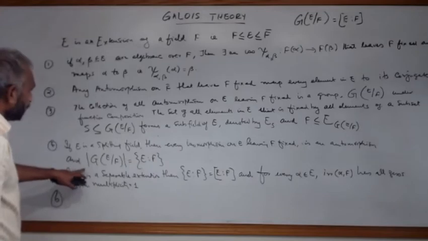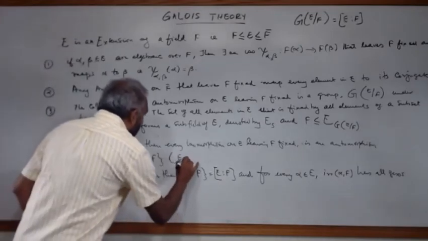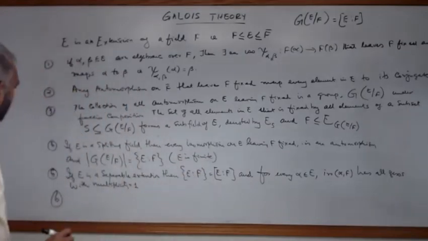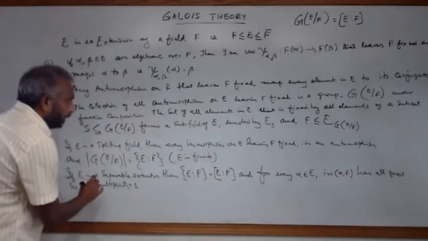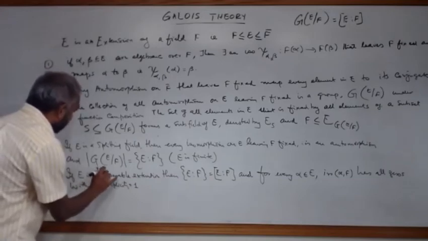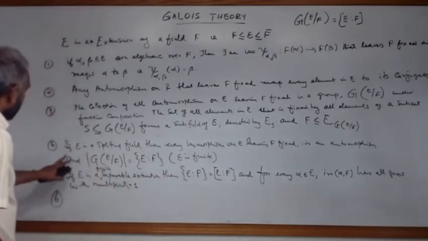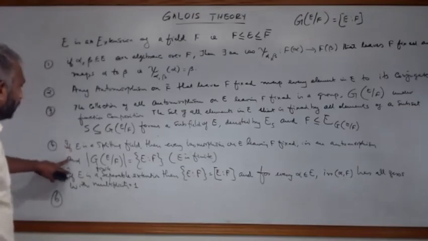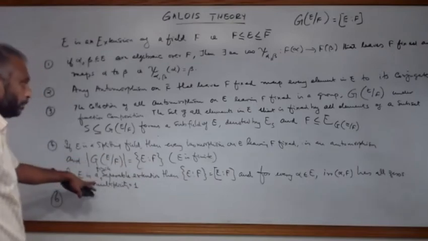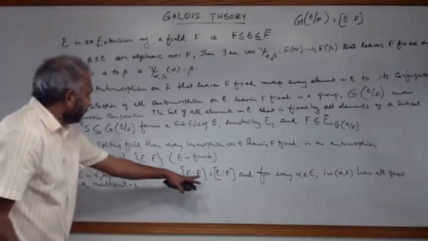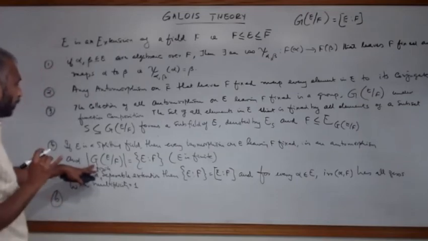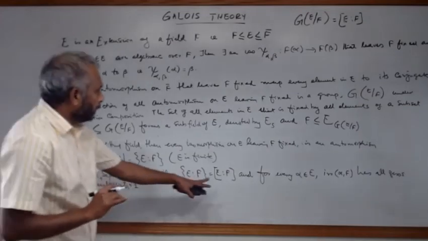Well, in this case, I'm assuming that E is finite. Here also, E is a finite extension. So, if you combine these two, E is a splitting field here, is a separable extension, and both are finite. Then you can have the order of the group of automorphisms equal to the degree.